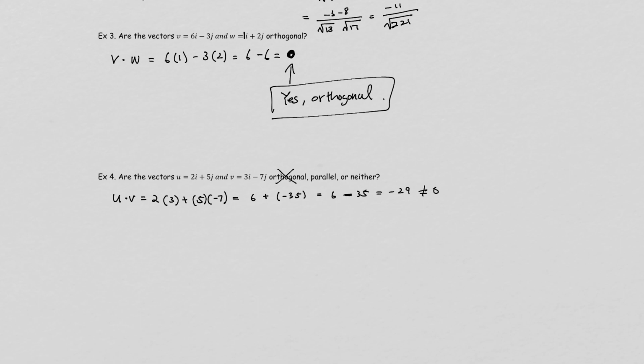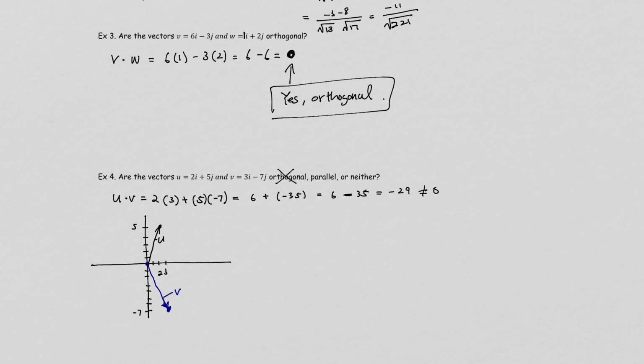How do we know if this is parallel? Two ways of doing it. One is actually graphing it, but when you're graphing, you're not 100% sure, right? So when you look at it as a graph, this is what you have. This is the u vector, and this is the vector v. So obviously, it's not going to be parallel, but we wanted to also show you how we can tell if this is parallel or not.